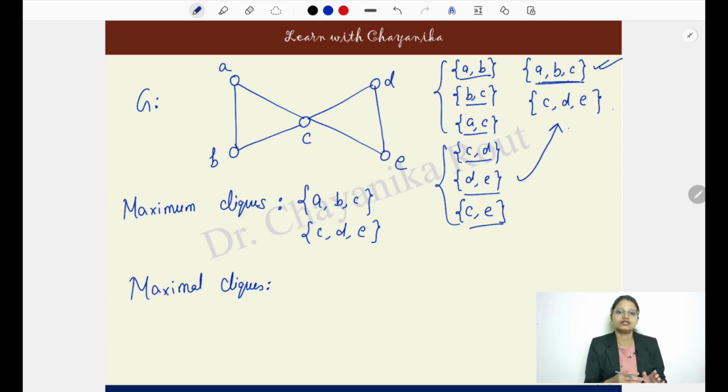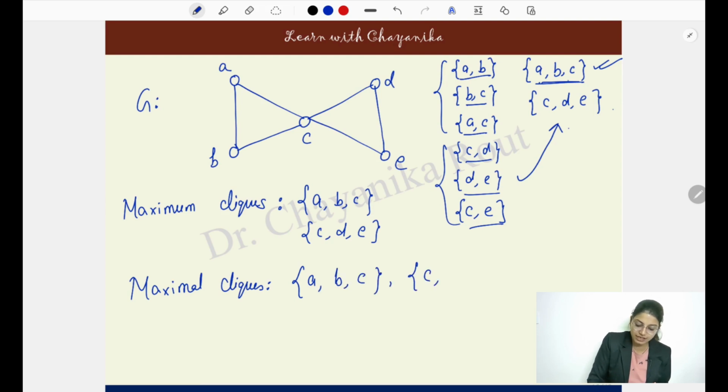So none of the cliques of size 2 is a maximal clique here. Now what about the cliques of size 3? They are maximum cliques, so definitely they are maximal also. Every maximum clique is a maximal clique also, because they have stopped extending, they are not contained in any larger clique.